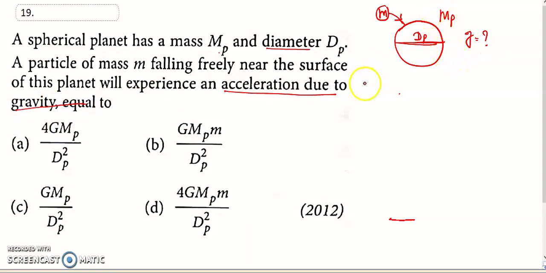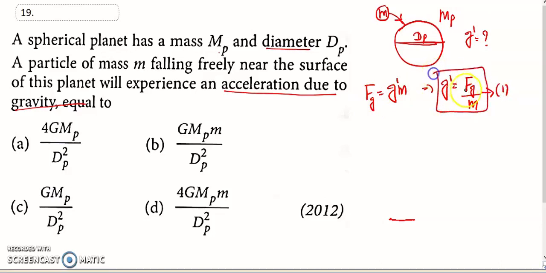We know that there is a gravitational force. To find the acceleration due to gravity, F is equal to m into g dash. Then g dash is equal to F, the gravitational force, divided by m. This is called equation number 1. You have to find the gravitational force.